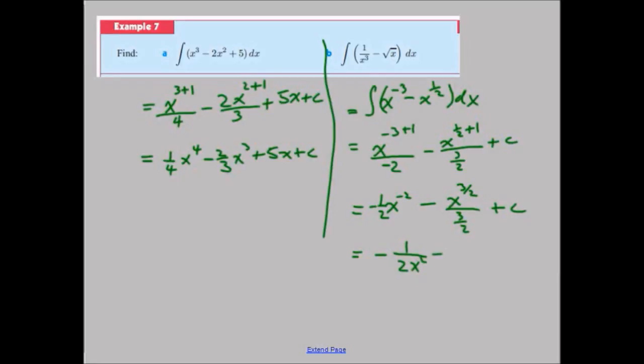Subtract 2/3 x to the 3/2 plus c. Or you could leave it like that, or you could write it like this: minus 2x cubed square rooted over 3 plus c. Okay, but this is fine.